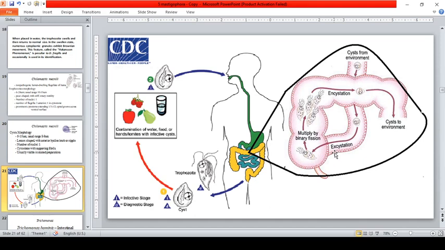Which means that if you see Chylomastix mesnili, either the trophozoite or the cyst stage, in the stool, that already indicates fecal-oral transmission. So it is possible that there is also another parasite. But it is really cute, right?